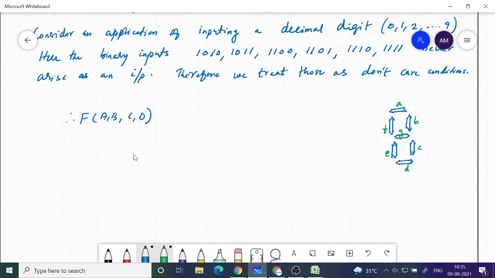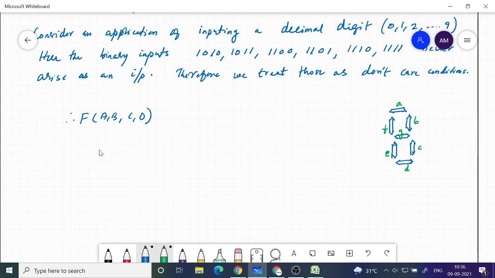So we give a binary input and then we display a decimal digit by lighting up the corresponding combination of segments. For example, if you want to display 0, you give 0 as the input.